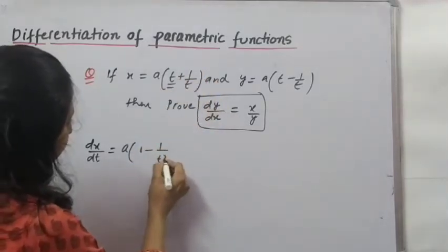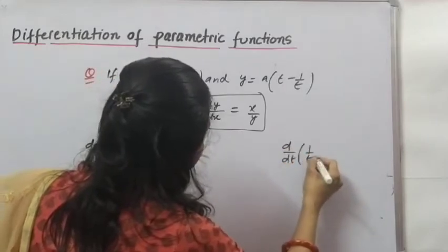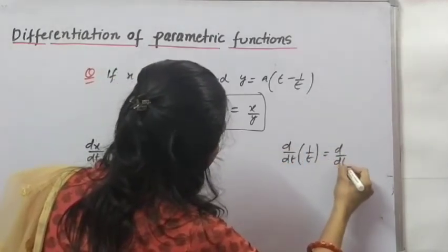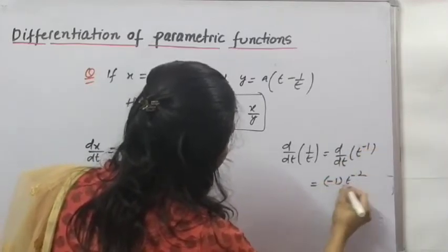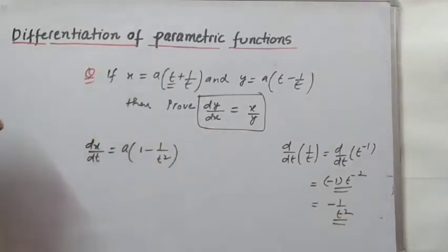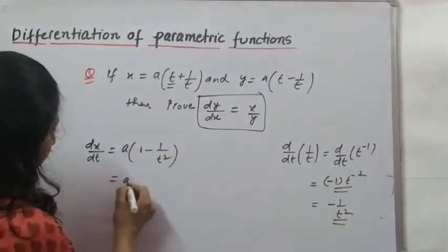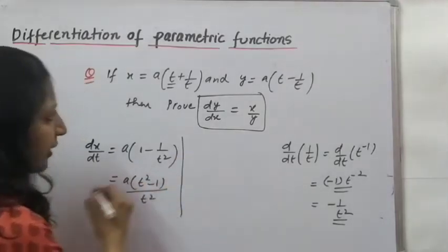Because the derivative of 1 upon t means the derivative of t raised to power minus 1, and it will be minus 1 into t raised to power minus 2, so minus 1 upon t square, right? After solving we will get a t square minus 1 upon t square.